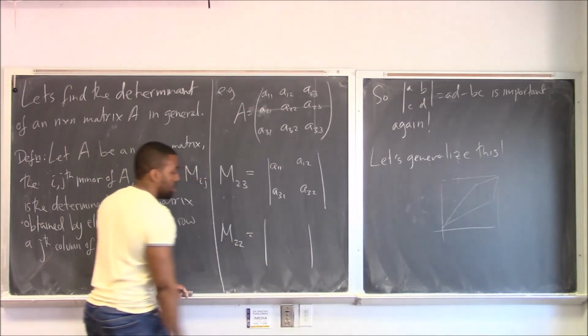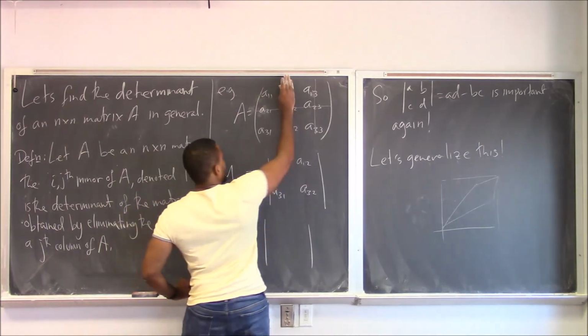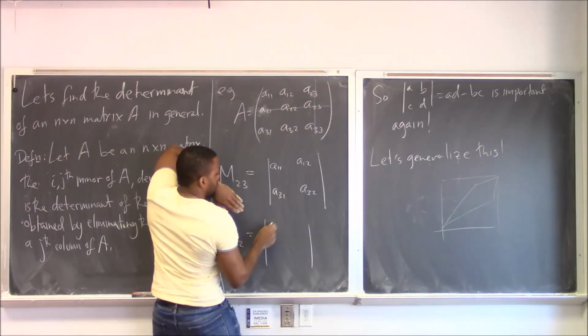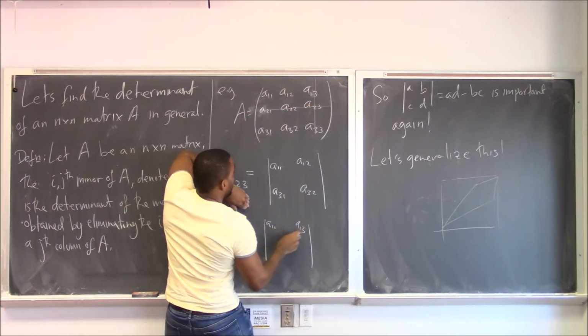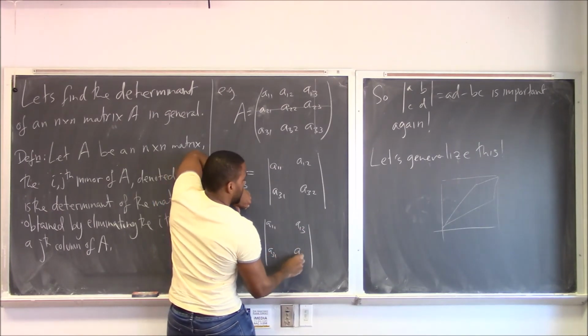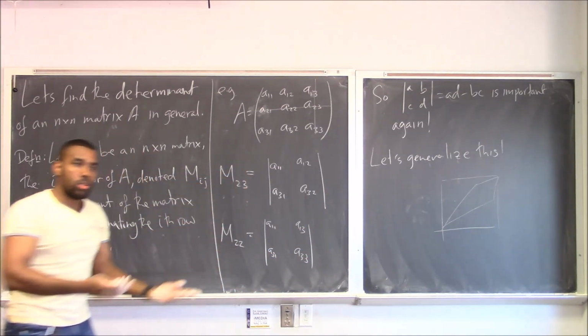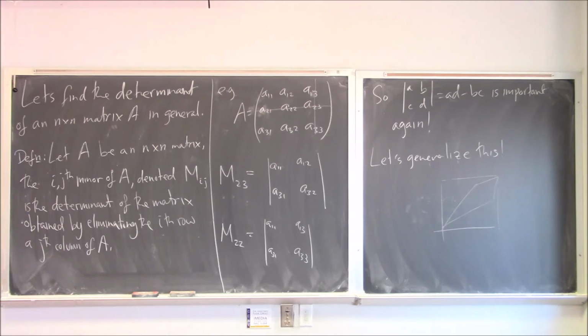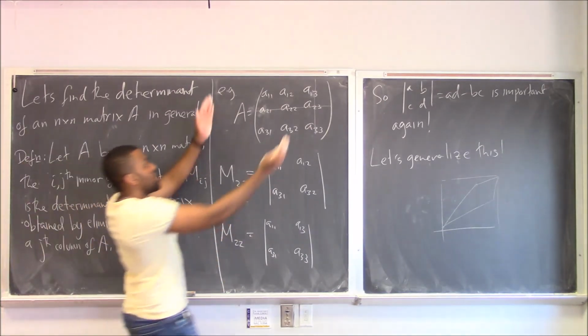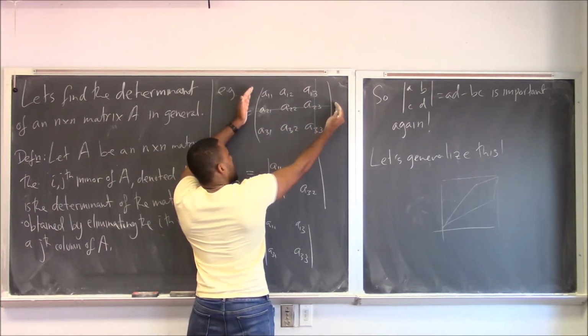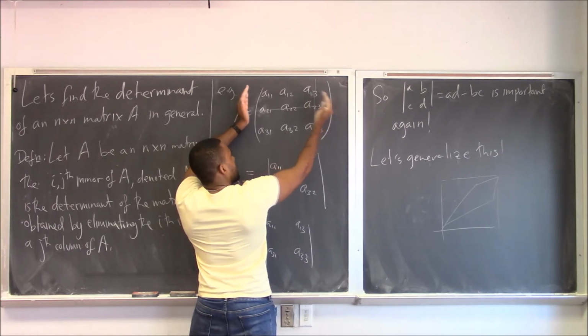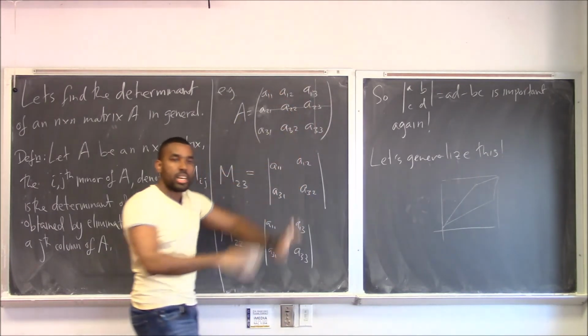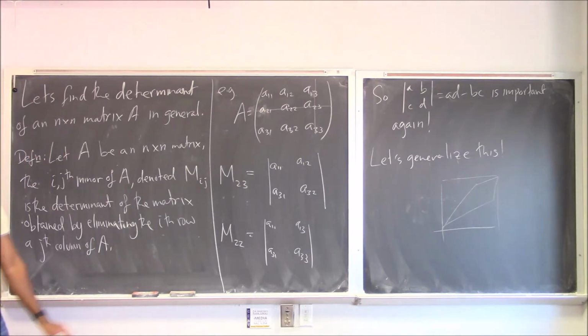That's the determinant we obtained by eliminating the second row and the second column. That would have been A11, A13, A31, A33, and so on. That's what it means. So I can have a large matrix, and then I'm finding determinants of smaller matrices inside of that larger matrix. We call these minors.